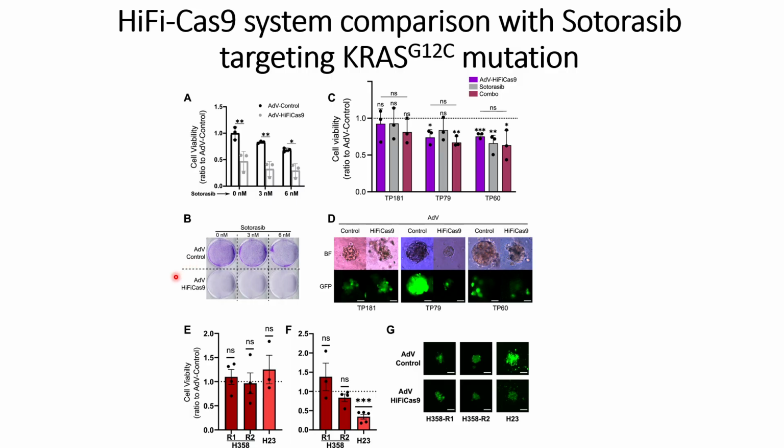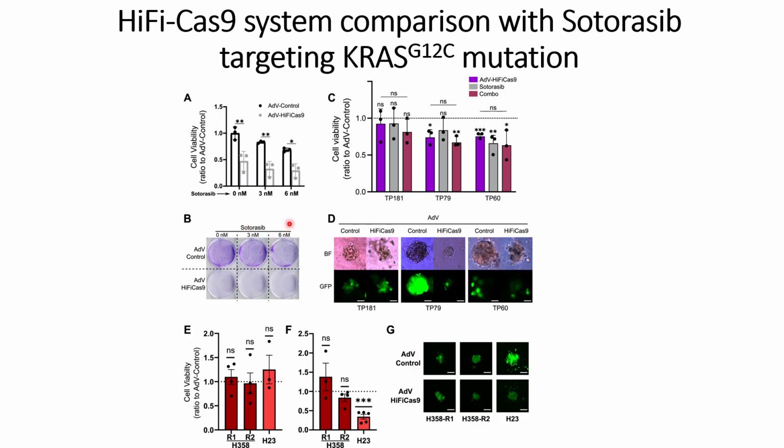First is their own designed system, adeno-associated virus with HiFi Cas9 system. Second is Sotorasib without the adeno-associated virus HiFi Cas9 system, and the third is the combination of both. All these combinations are shown in panel B.